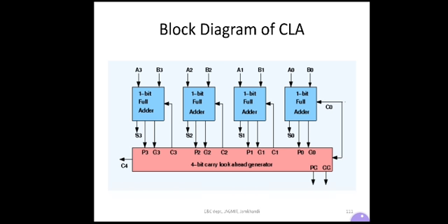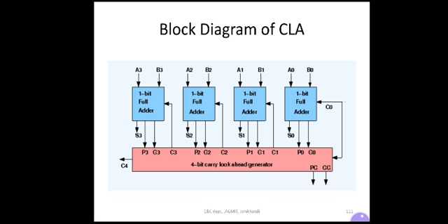Observe here there are 4 blocks, all are 1-bit full adders. All are applied with the inputs A0, B0, A1, B1, A2, B2 and A3, B3. And observe for the first full adder block, C0, or in the program it is taken as Cin. So Cin or C0 both are the same here.